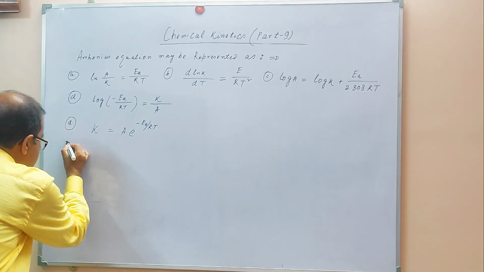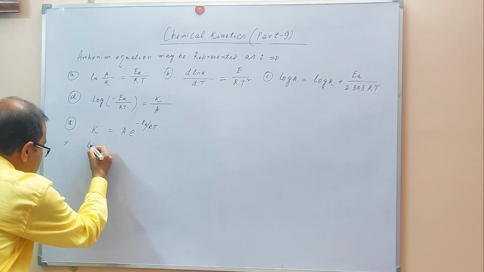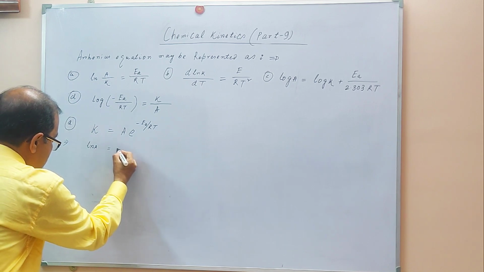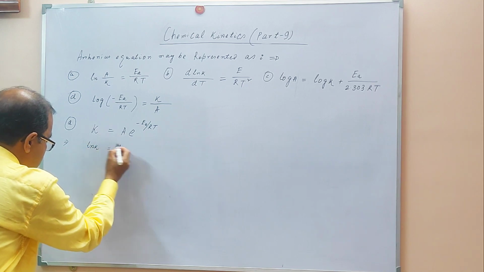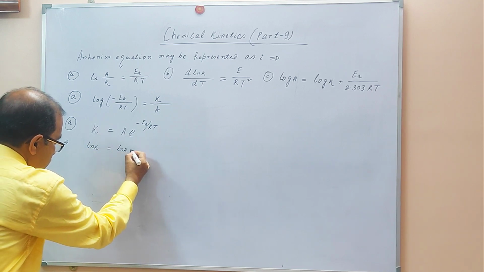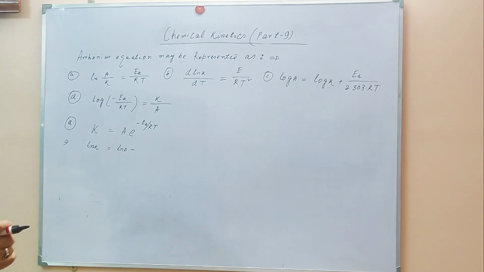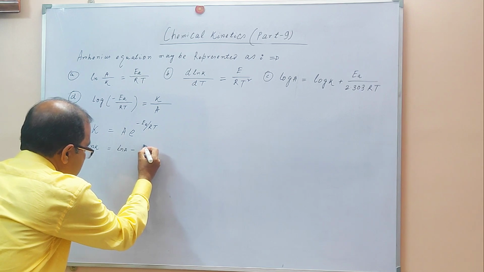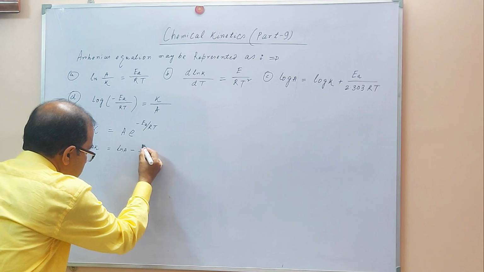Now, if we take the natural log on both the sides, what we will find? ln K is equal to ln A minus EA by RT, as the base of the natural log is e. Mostly you understood it, right?